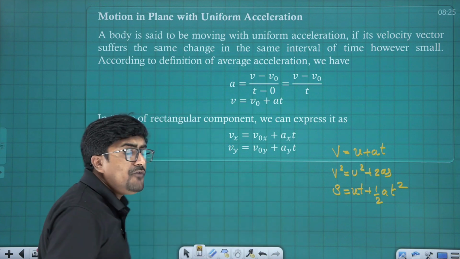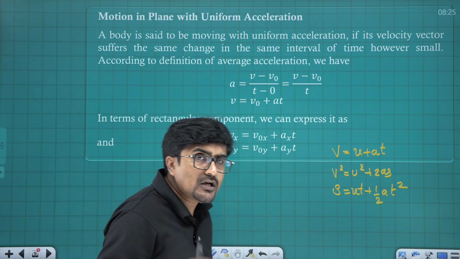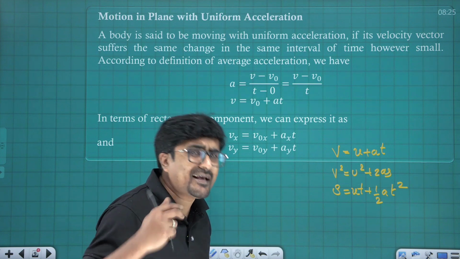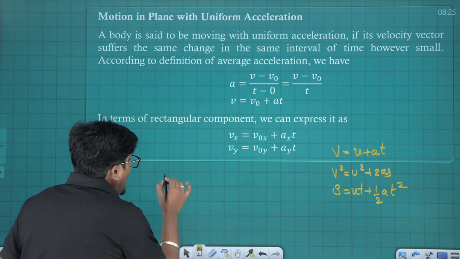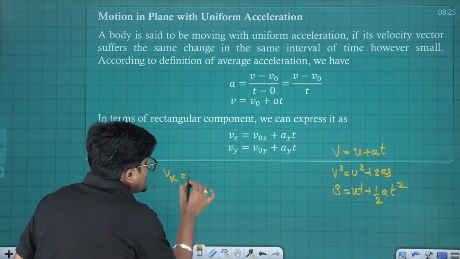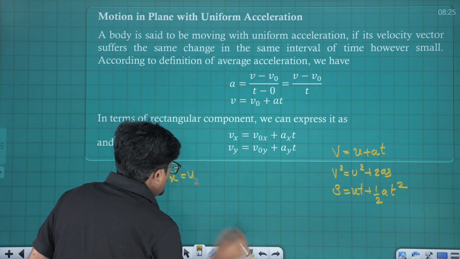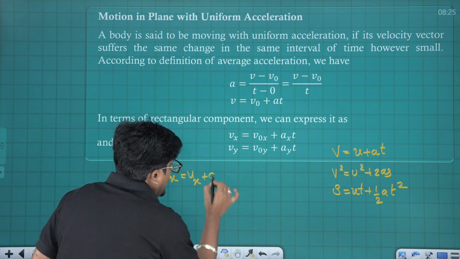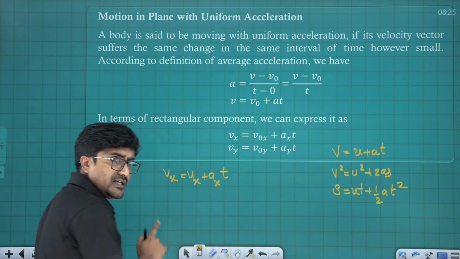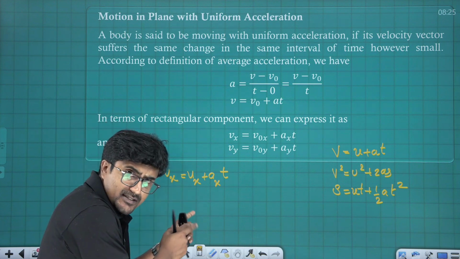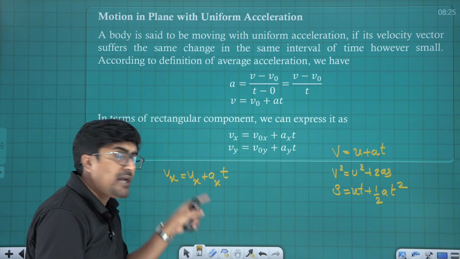For example, if you want to study the motion along the x-axis only, how the velocity or acceleration or position is changing along the x-axis only, then you may have the equation vx is equal to ux plus ax into t. That is, the final velocity along the x-axis is going to be the initial velocity along the x-axis plus the acceleration along the x-axis into the time taken.